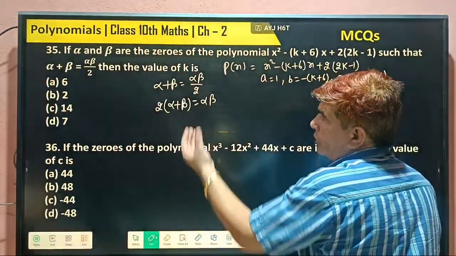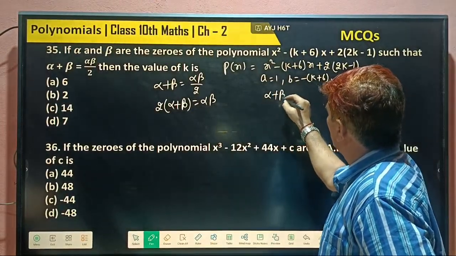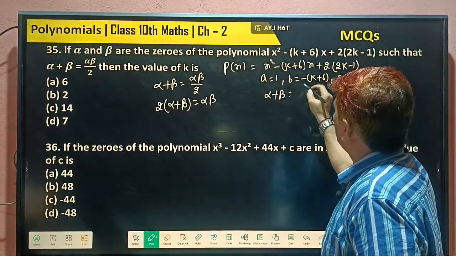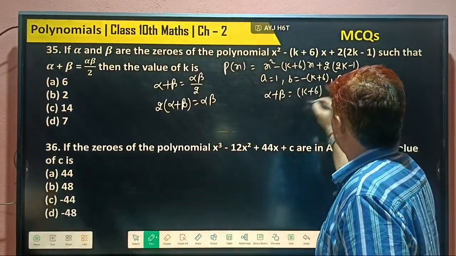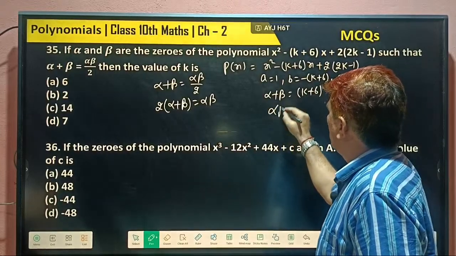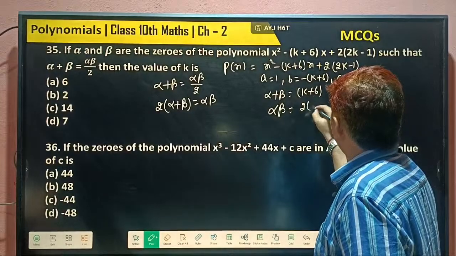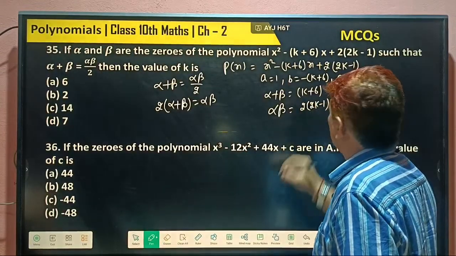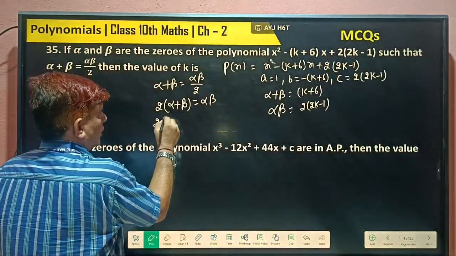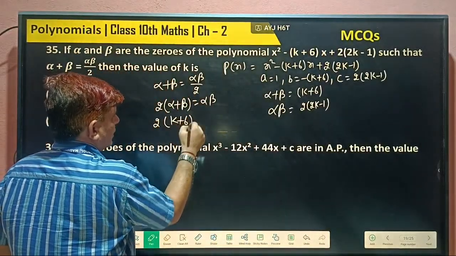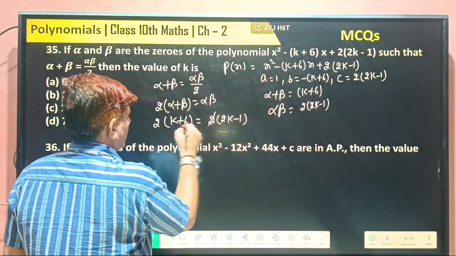Alpha, beta are zeros of this polynomial. So according to this, alpha plus beta is minus b by a, so this K plus 6, and alpha beta is c by a, this is 2 into (2K minus 1). Putting these values here, 2 into (K plus 6) is equal to alpha beta, 2 into (2K minus 1). 2 cancels 2.